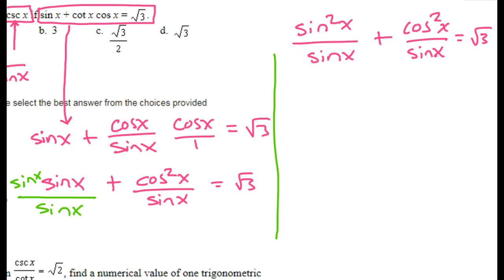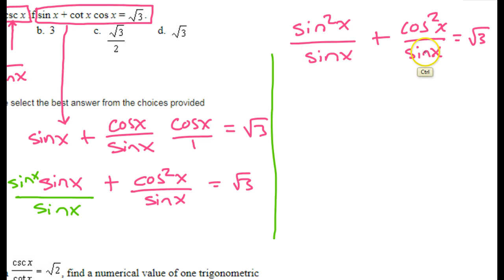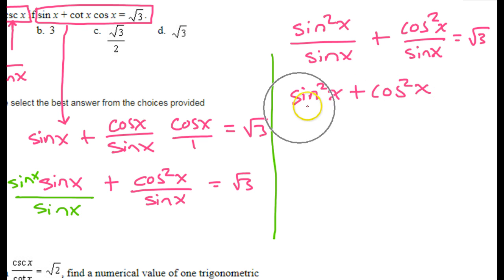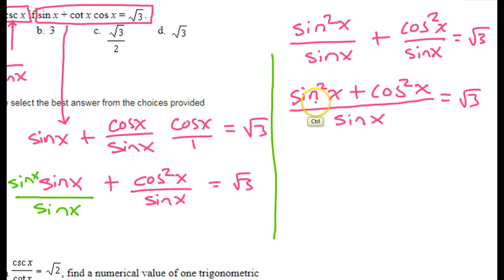Now I have like denominators, so I can combine these into one big fraction, keeping the like denominator. So I'll have sine squared x plus cosine squared x all over one denominator of sine x, and this is still equal to radical 3.